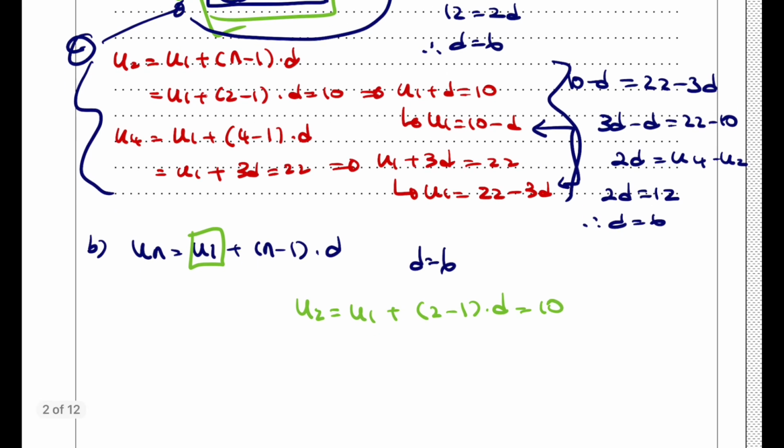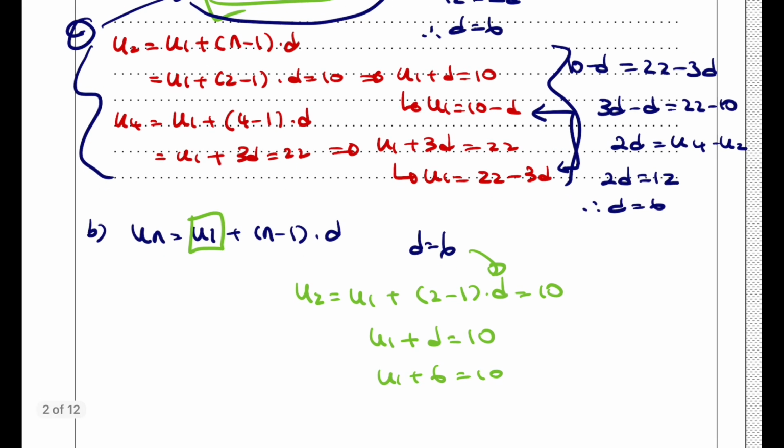Then substituting the D value here, we can say that U1 plus D equals 10, or U1 plus 6 equals 10. That means we can calculate our U1 value as 10 minus 6, so it's 4. So we have calculated the U1 value as 4.